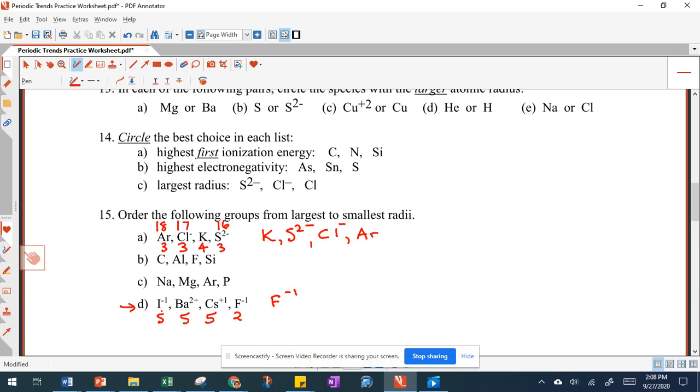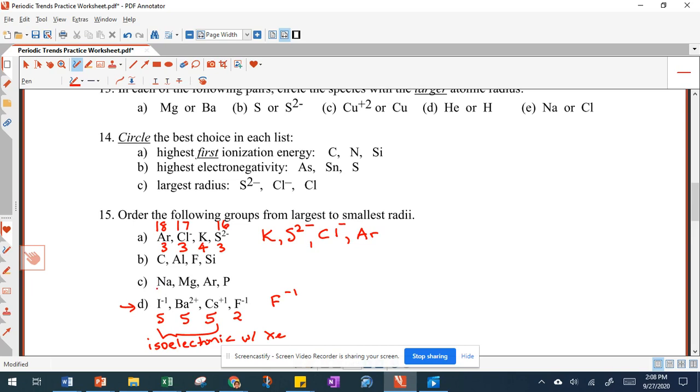Now, if we look at iodine, barium, and cesium, these 3 ions are all isoelectronic with xenon. So these all look like xenon. I'm just going to write that down here. Isoelectronic with xenon. Here, what we need to focus on again is how many protons they each have in their nucleus.